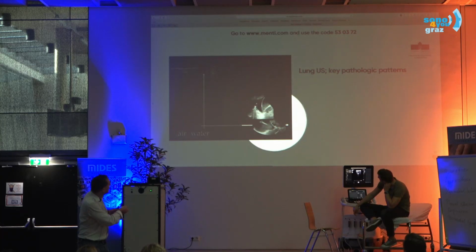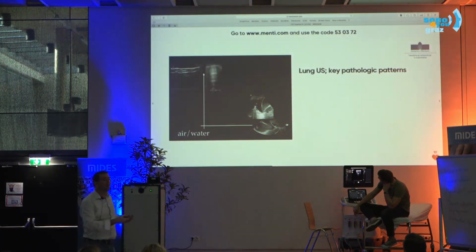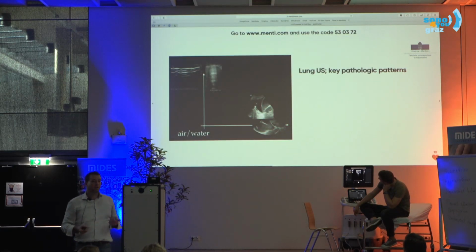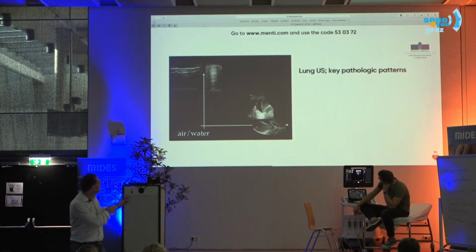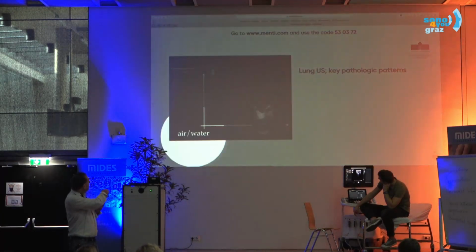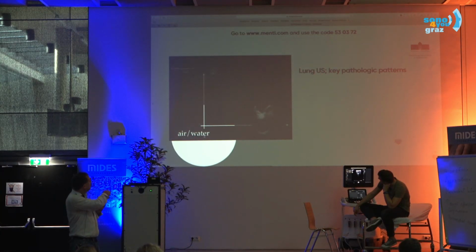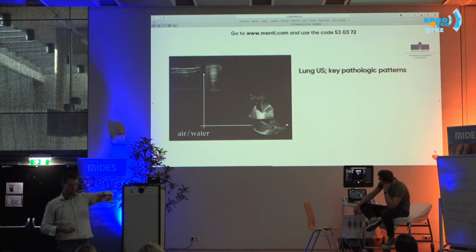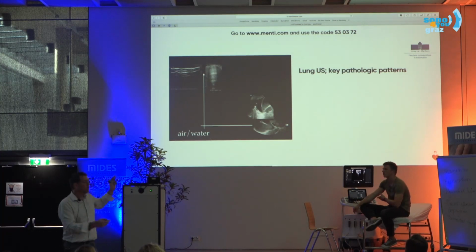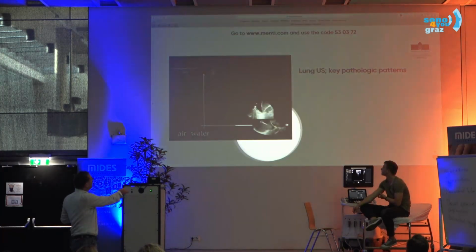Look, this is liver, this is diaphragm. And what is this black above the diaphragm? It is pleural effusion. It is fluidothorax. Okay? So the ratio of air to water, air is 0, water is 1, so the ratio is 0, right? So it is on this side of the graph.